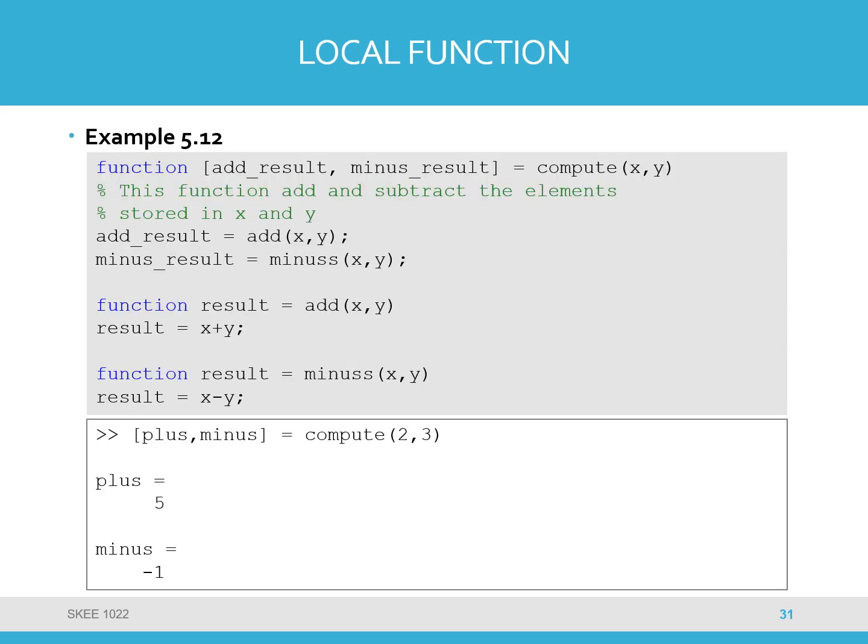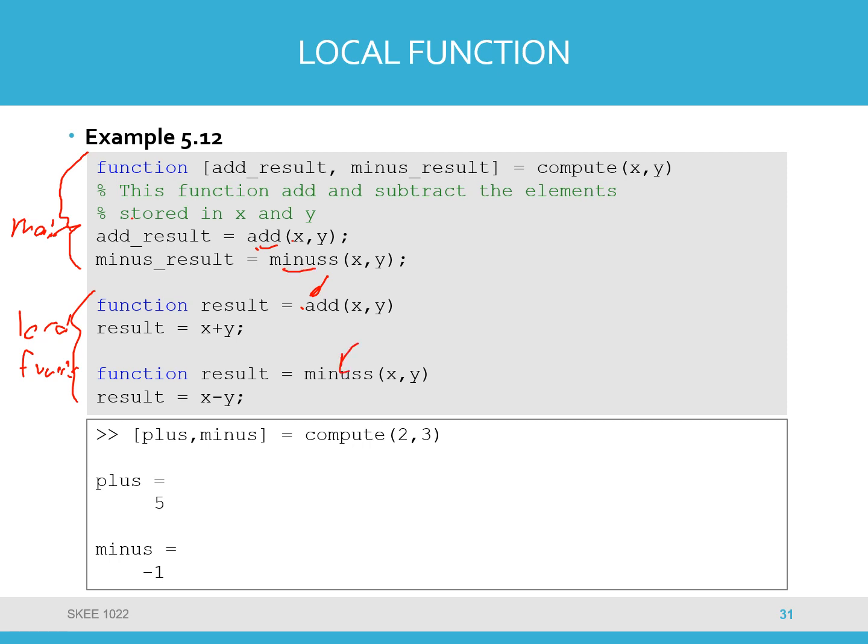Let us look at example 5.12. You can see that this is the main function, and there are two local functions. Basically the main function will call the local functions. It calls add, which is this one, and minus, which is this one.